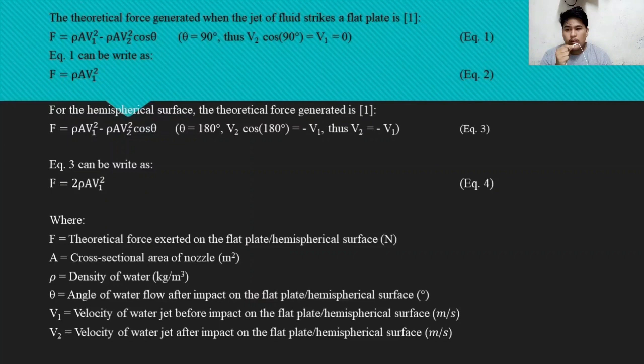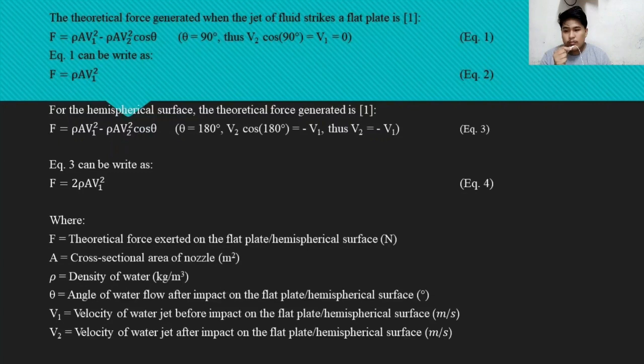The theoretical force generated when the jet of fluid strikes a flat plate is given by equation 1, which can be written as F equals rho A V1 squared. For the hemispherical surface, the theoretical force is F equals rho A V1 squared minus rho A V2 squared cos theta.